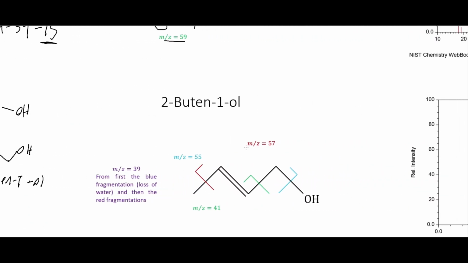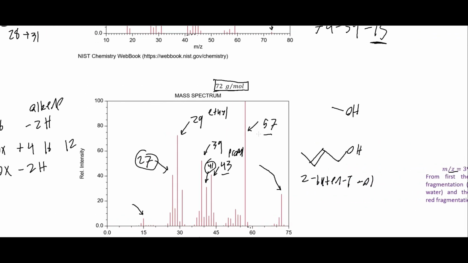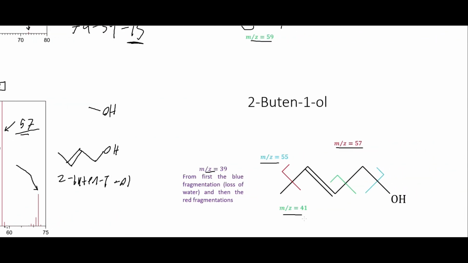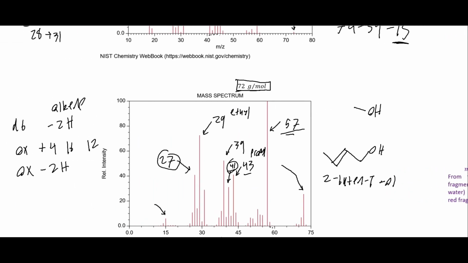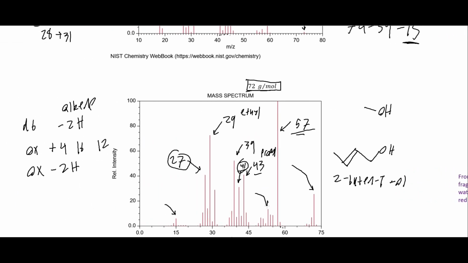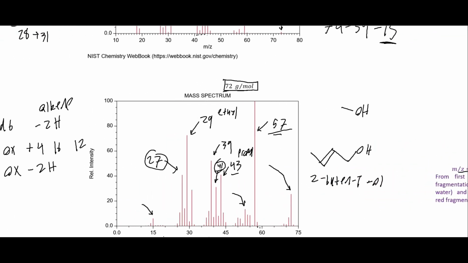So we can get these peaks at 57, we can get this one at 55, this one at 41, and this one at 39. So we look back here, we have our 57, we have our 41 here. Looking at these fragments, our 41 and our 57 right here. The 55 doesn't look like it's that big, so we must not be losing this water on it, but we would see one at perhaps 53 or 54 here if we are losing that water, because that would then take another hydrogen with it.